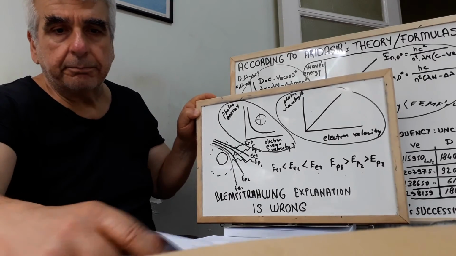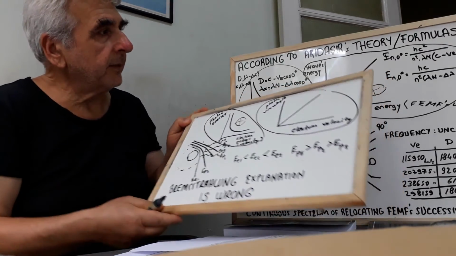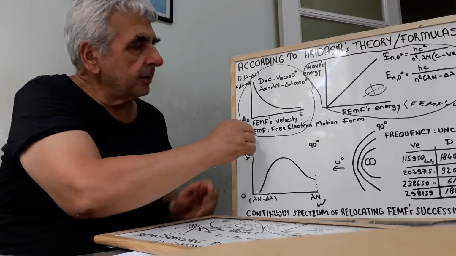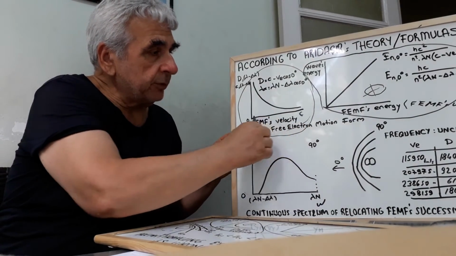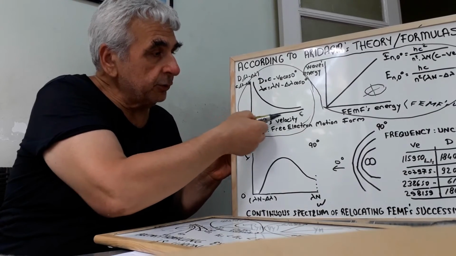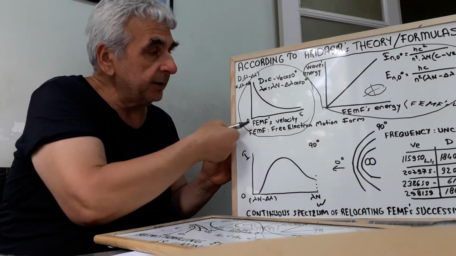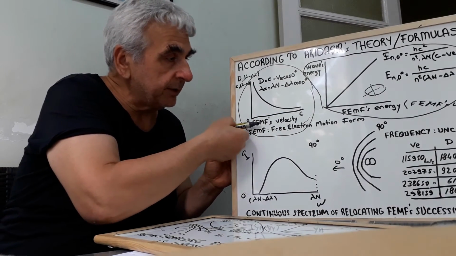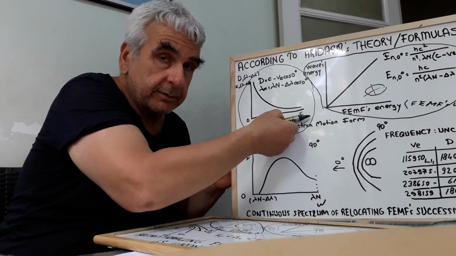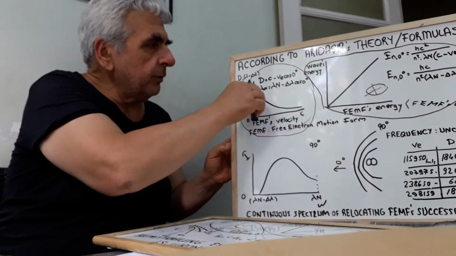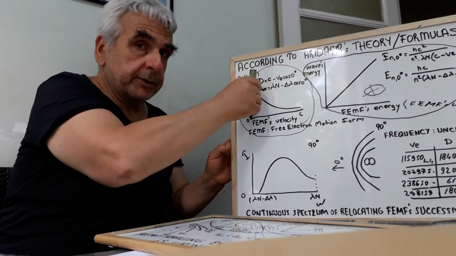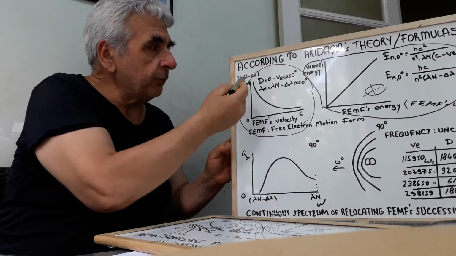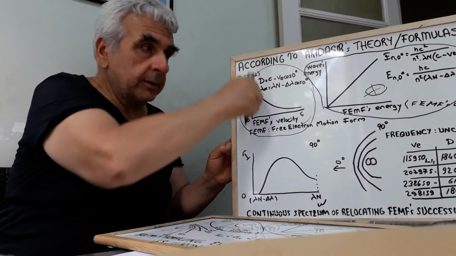Now we will compare here. Through c, the speed of light, if the electron motion form's velocity increases, wavelength will decrease, and wave velocity will decrease.